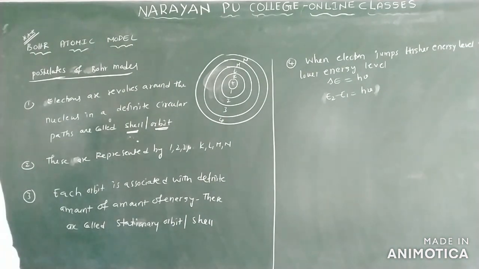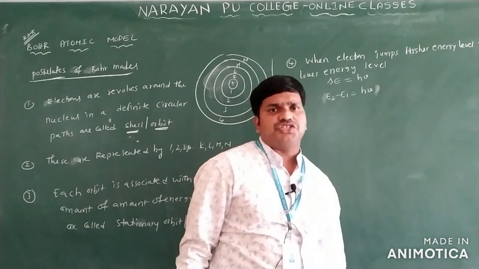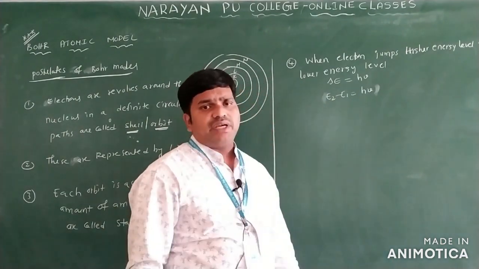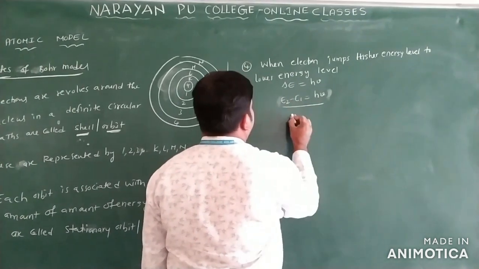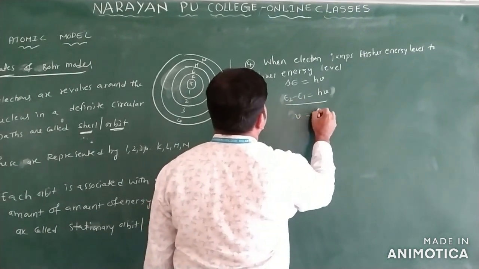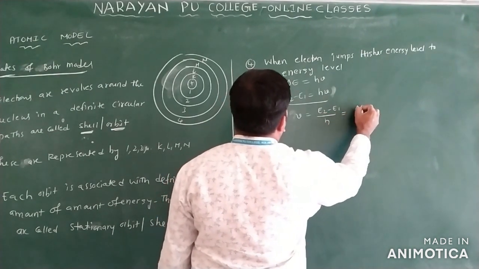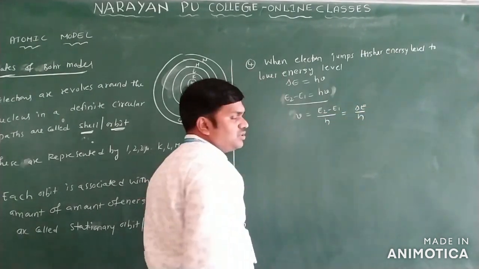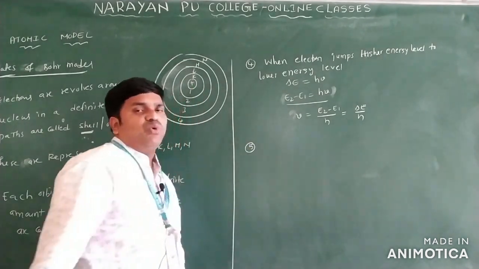Then in this case we are writing the energy difference delta E is equal to h nu. So delta E means E2 minus E1. So E2 minus E1 is equal to h nu, or you can write nu is equal to E2 minus E1 by h, or you can write here delta E by h only.